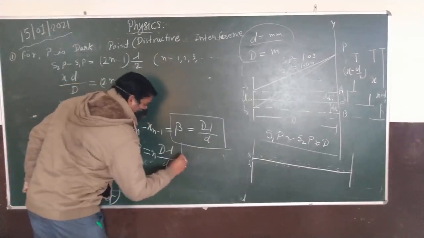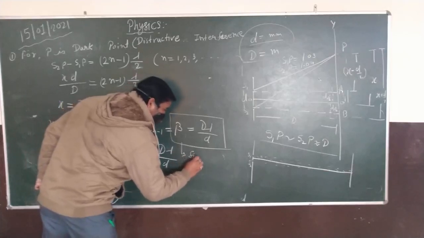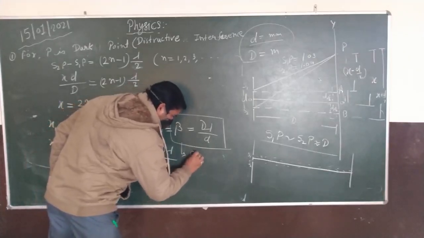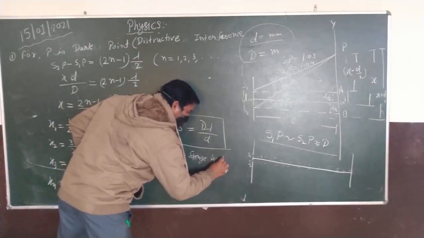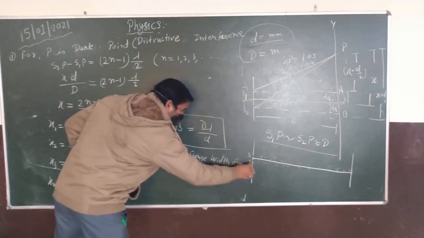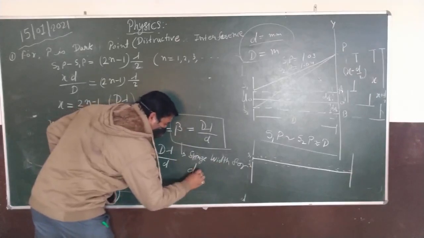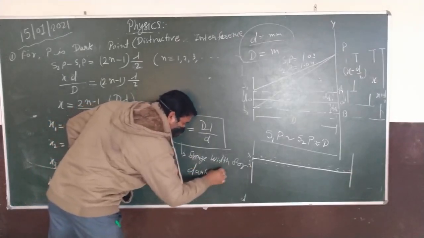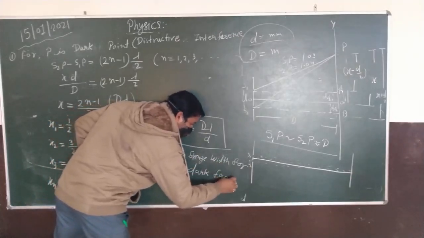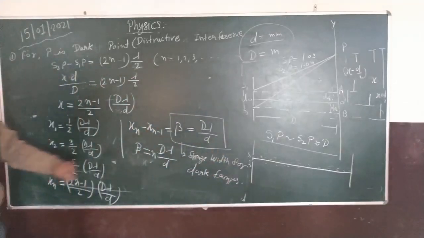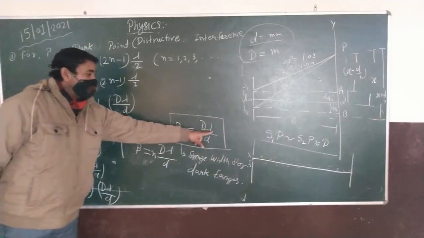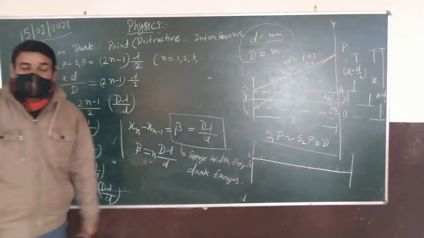Fringe width for dark fringe. So the fringe width depends on lambda, D, and small d.